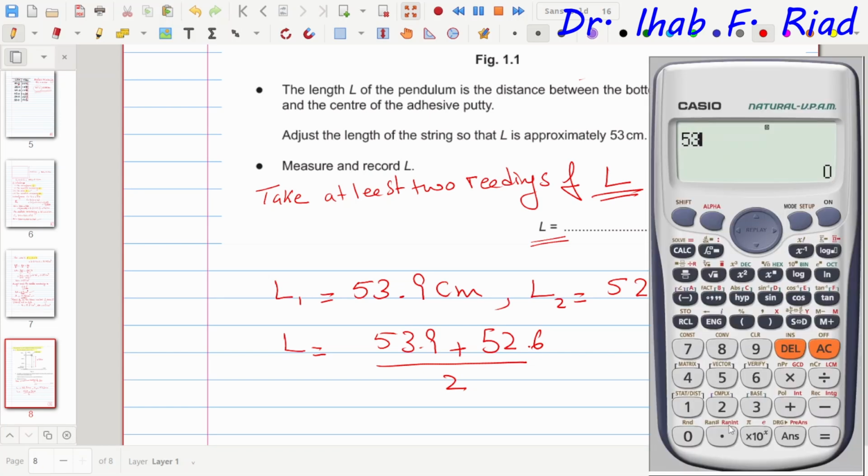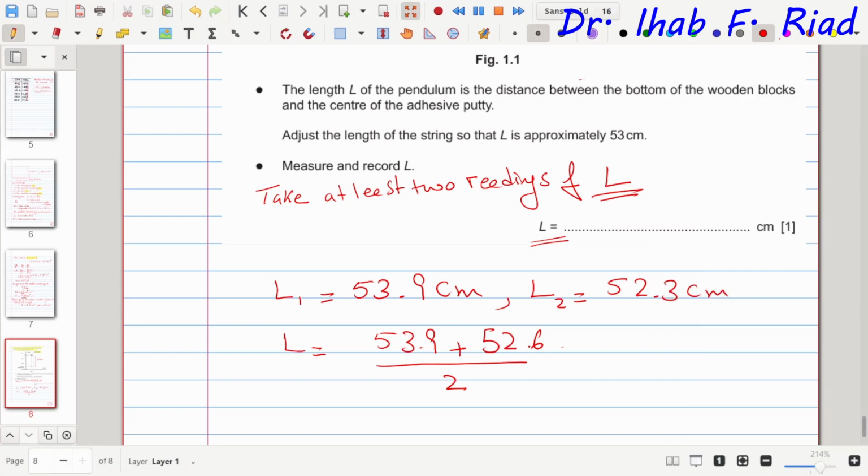So it is 53.9 plus 52.6 divided by 2, which is 53.25, 53.25 centimeter. This is our measurement.